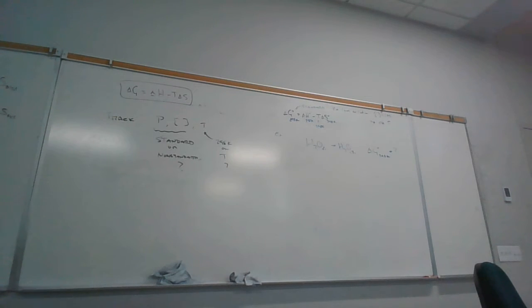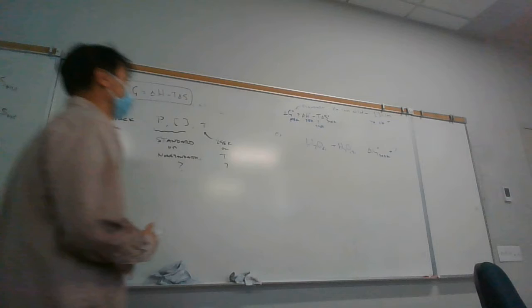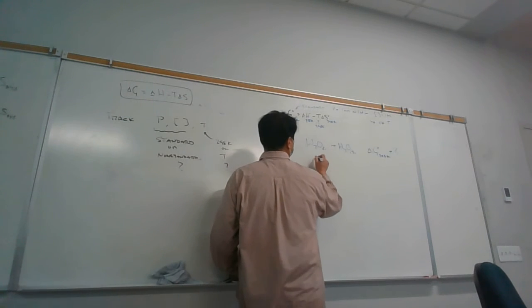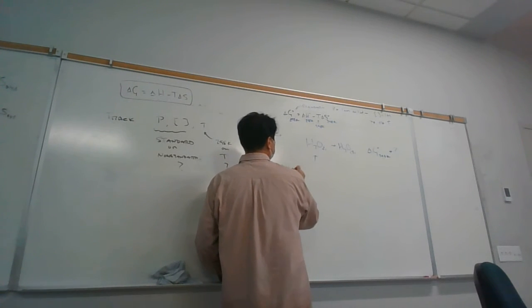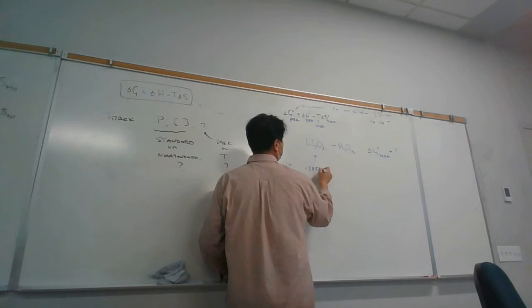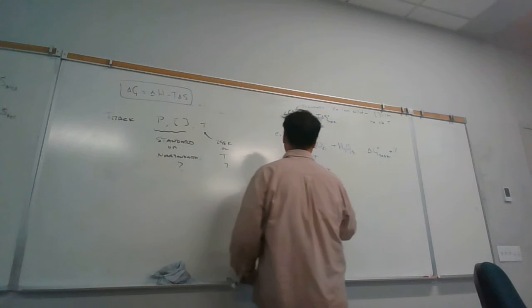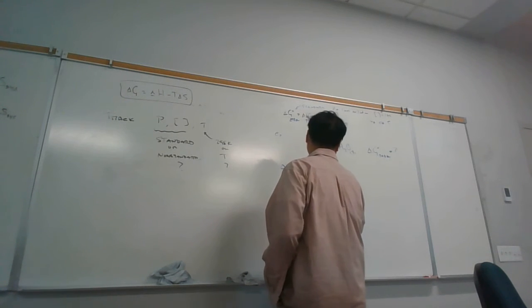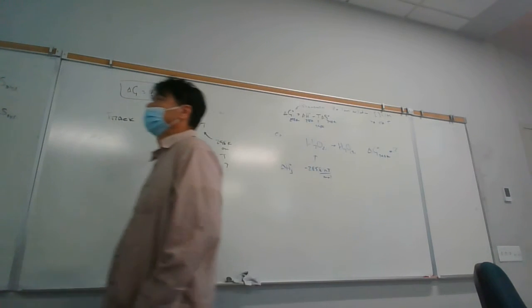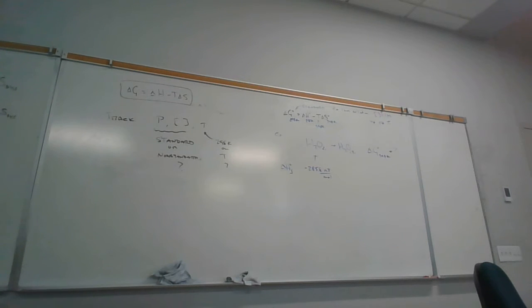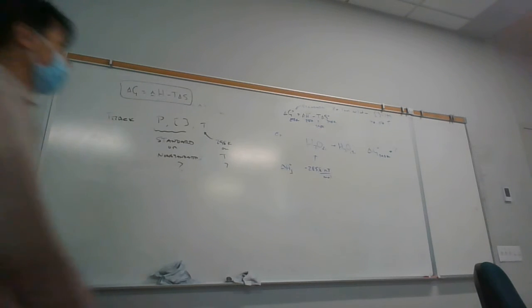If I look at H2O liquid, the first column, which is delta H of formation, is minus 285.8 kilojoules per mole. And then for H2O gas, minus 241.8 kilojoules per mole.